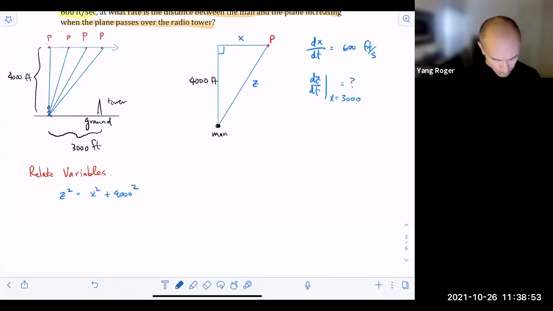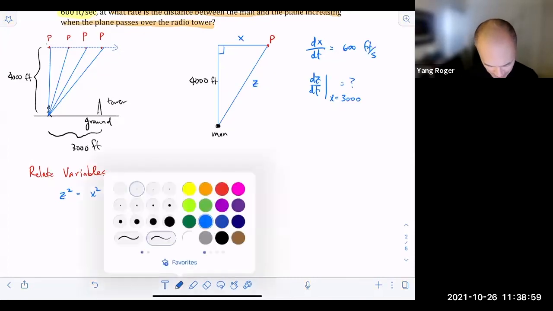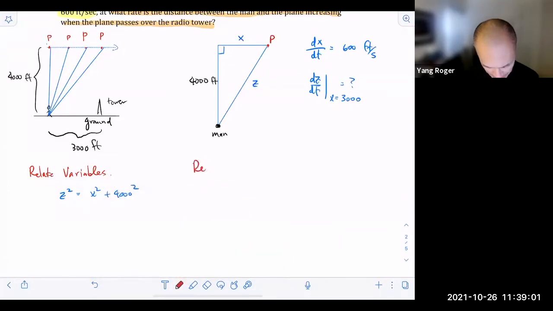So at this point, what we want to be able to do is relate the rates. So when we relate the rates, we can differentiate both sides with respect to time.